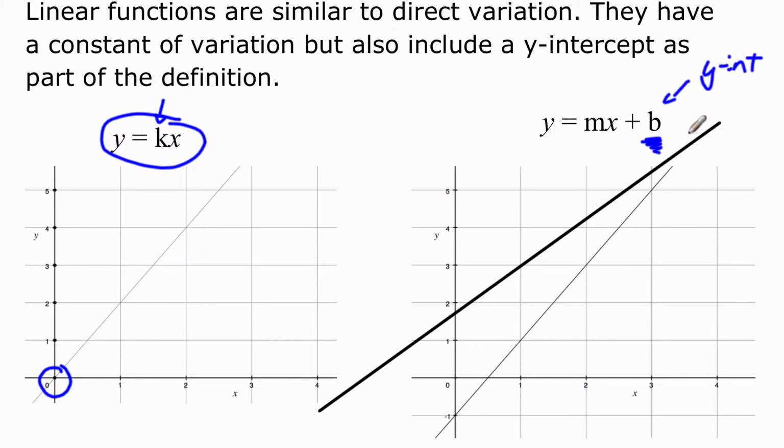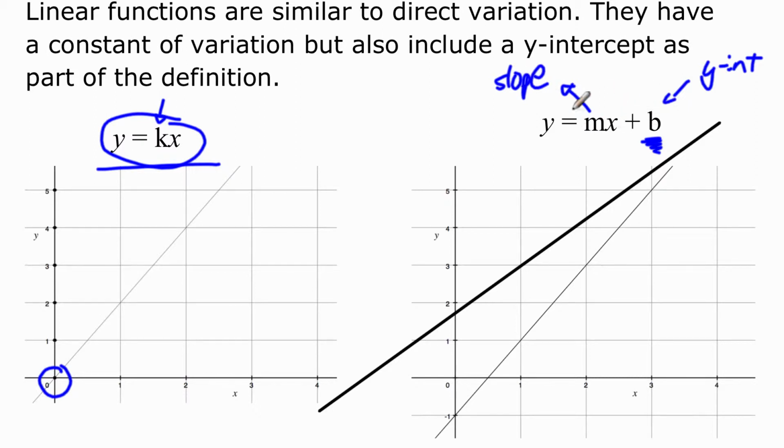Now, when you look at the equation here, it looks similar to our direct variation. There's a y and an x. In front of this x, there's a k, but over here, it's an m. The m is the special letter we use to indicate slope.